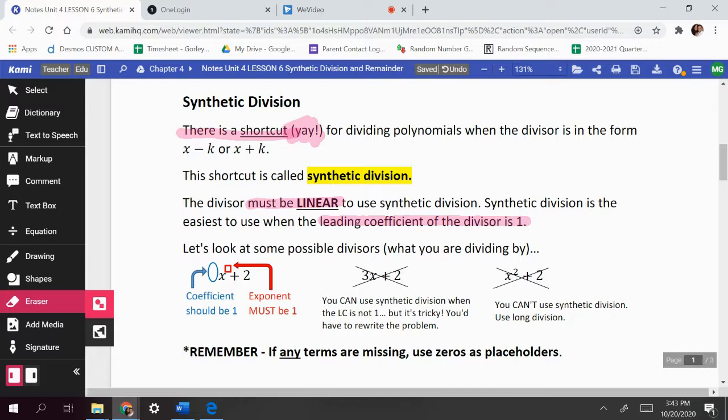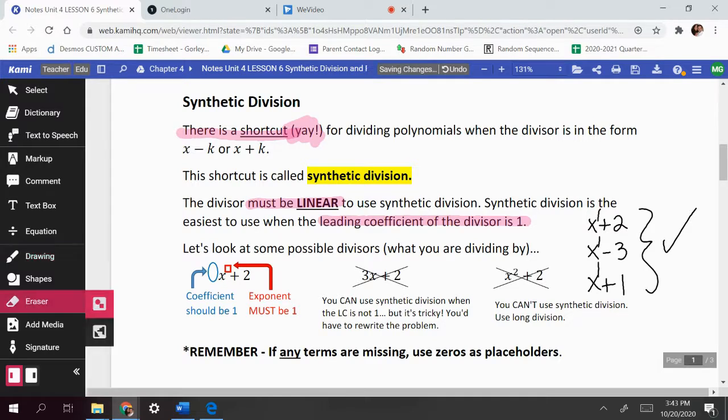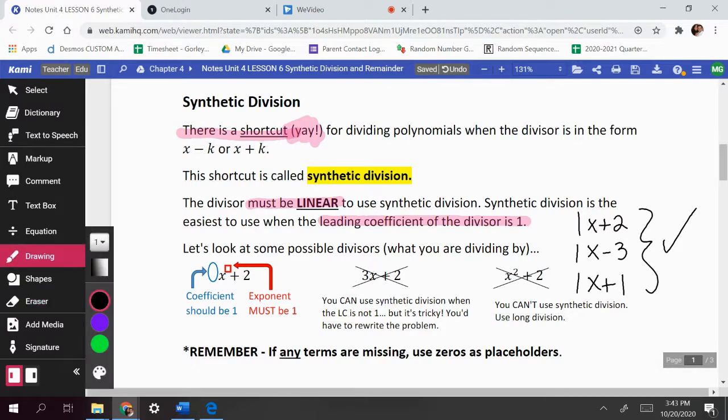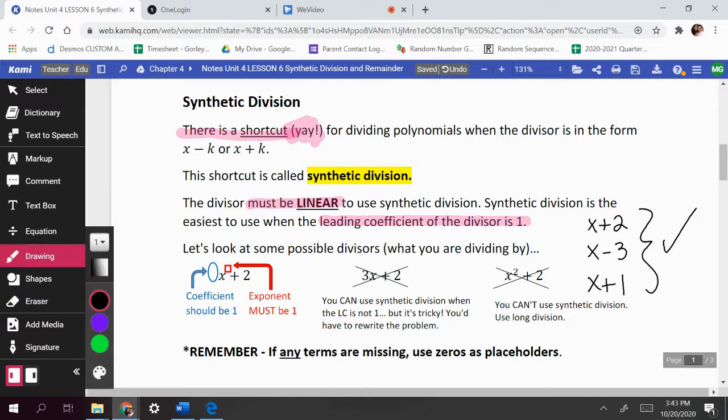So let's think of some examples where you could use synthetic division, like if my divisor was x plus 2, or if I was dividing by x minus 3, or if I was dividing by x plus 1, all of those work. Okay, and it's because they're all linear expressions where the exponent is 1, and they all have a leading coefficient of 1. See how the leading coefficients are all 1? So those would be good candidates of divisors that would work with synthetic division.